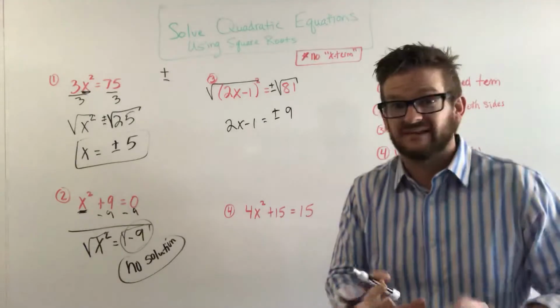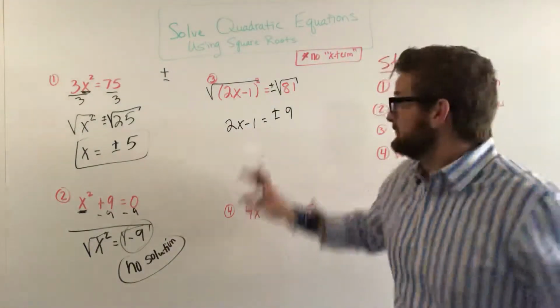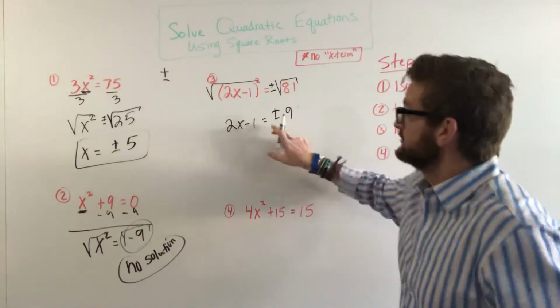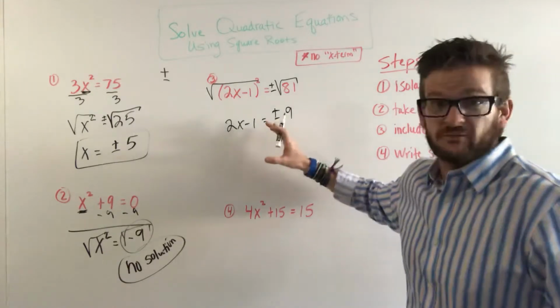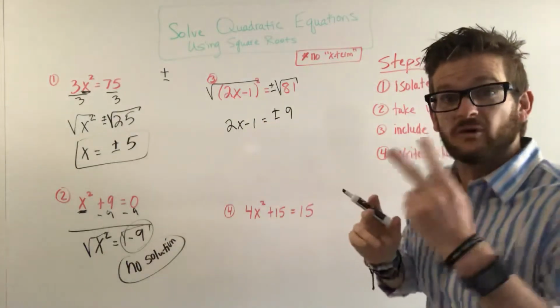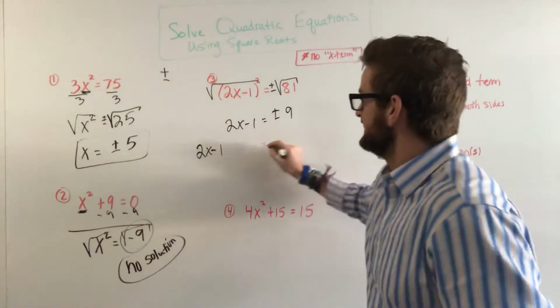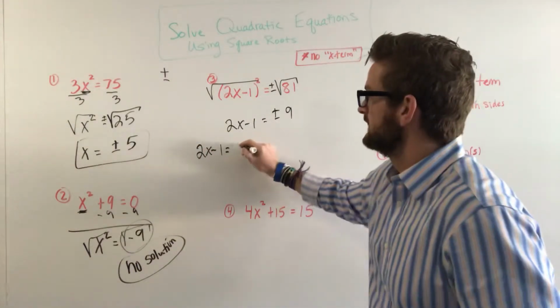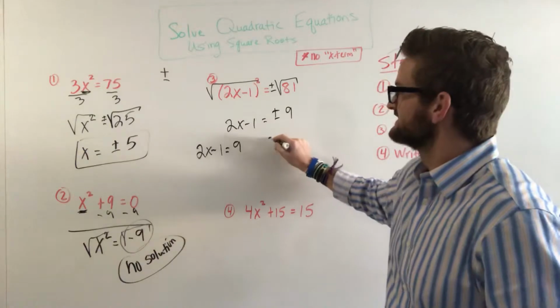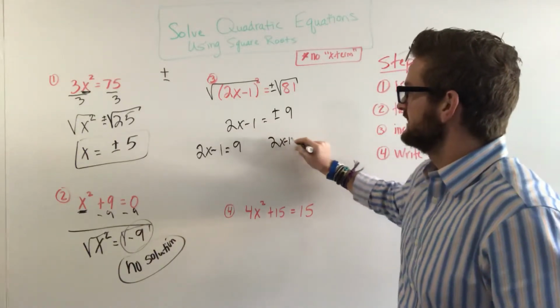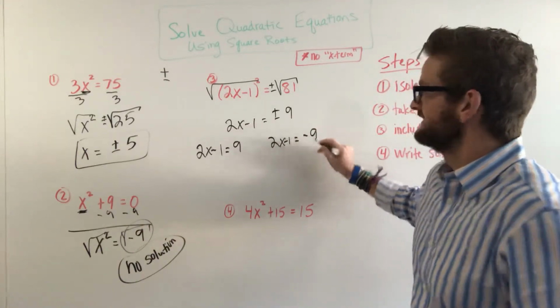We cannot leave it like this because we don't know what x equals. But we know that this left-hand side could be equal to positive 9, or it could be equal to negative 9. We're going to set up 2 equations to solve that out. The first equation is going to be where it's equal to positive 9. The second equation is where it's equal to negative 9.